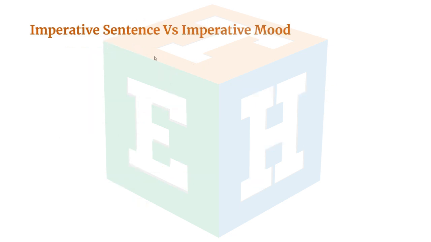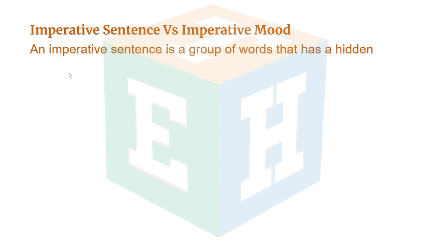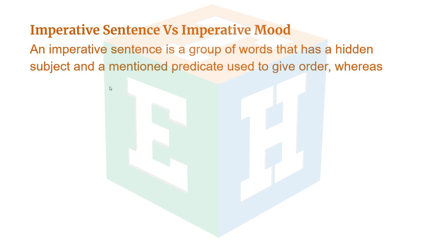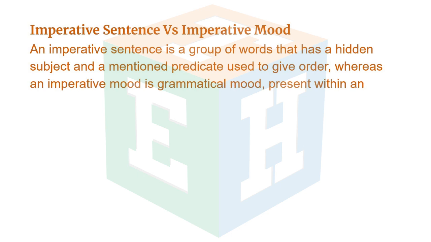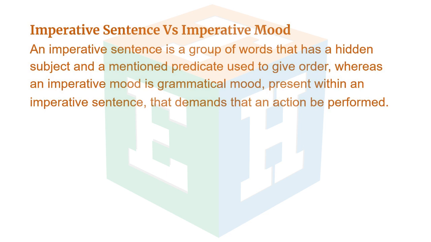Imperative sentence versus imperative mood. An imperative sentence is a group of words that has a hidden subject and a mentioned predicate used to give an order, whereas an imperative mood is the grammatical mood present within an imperative sentence that demands that an action be performed.